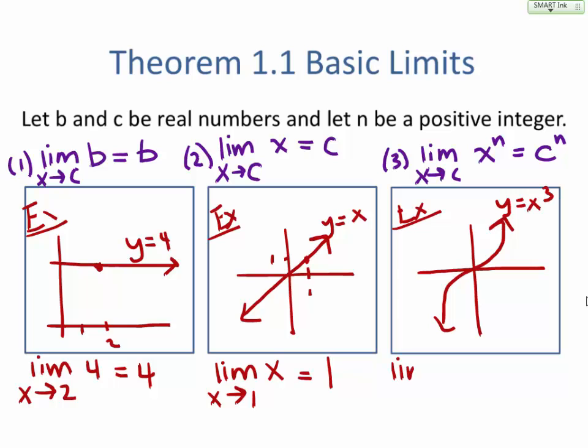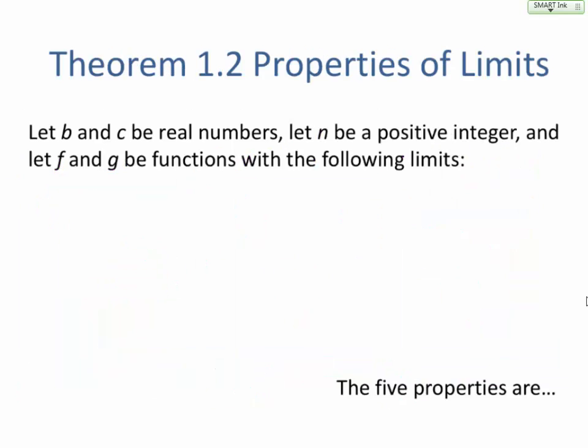The limit as x approaches, let's say, 2 of the function x cubed is simply equal to 2 cubed, or 8. And this is, of course, when b and c are real numbers and n is a positive integer for that exponent in example 3.